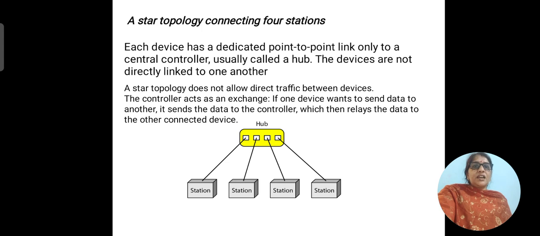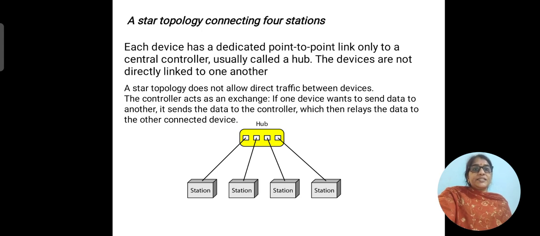The devices are not directly linked to one another. In this slide, as shown in this block diagram, we have the hub which is connected to 4 different stations. These stations are not connected to each other, they are connected directly to the hub.